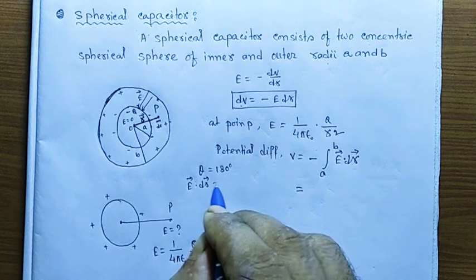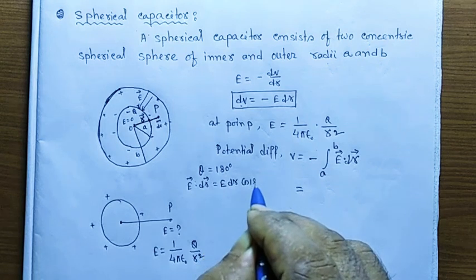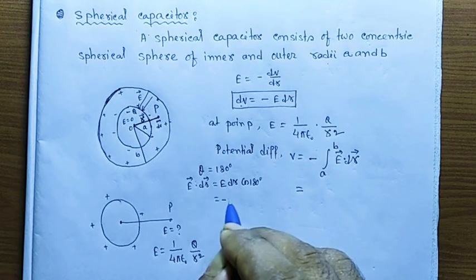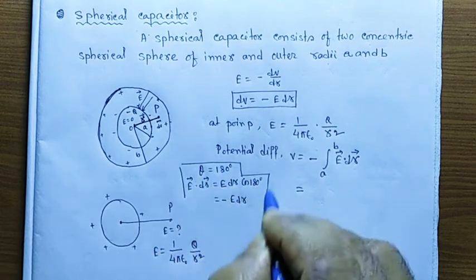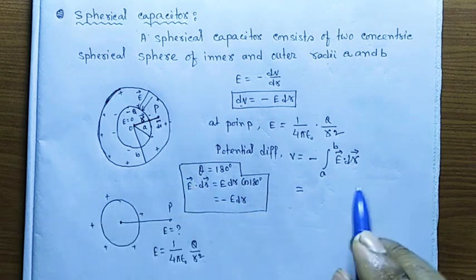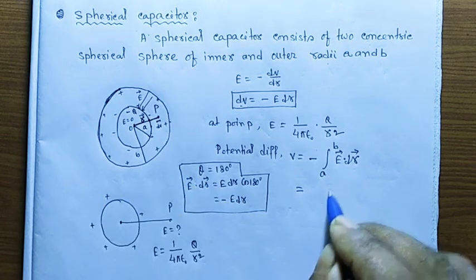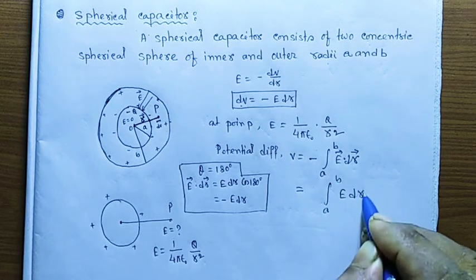So E dot dr is equal to E dr cos 180 degree. So it is minus E dr. Okay. So it is equal to positive A to B E dr.